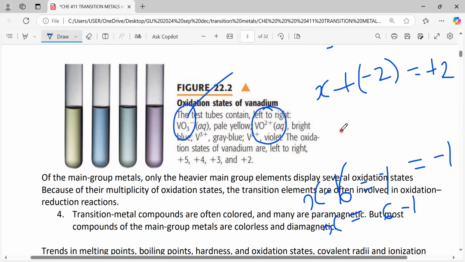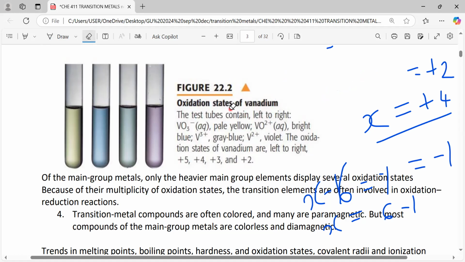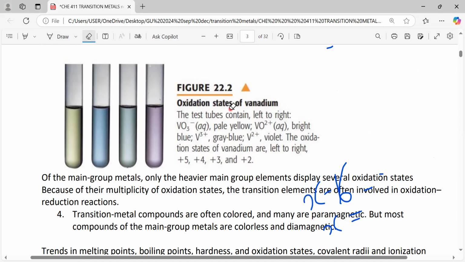Therefore X is equal to positive 4. So here is 4. This was 5. And so on. Then the other one is 3. Then this other one is 2. The last one there is 2. Having seen this, I hope it makes sense to all of us. It should be an introduction that helps us understand even the basics we may have forgotten from high school or undergraduate.